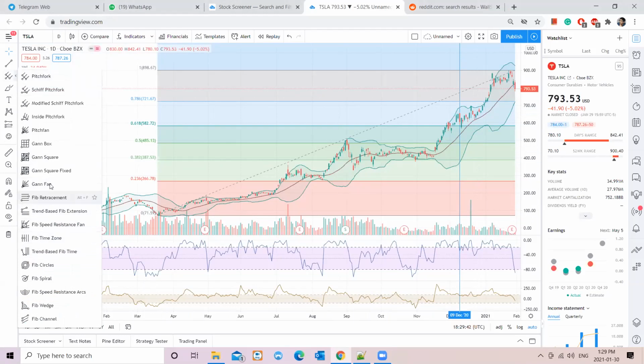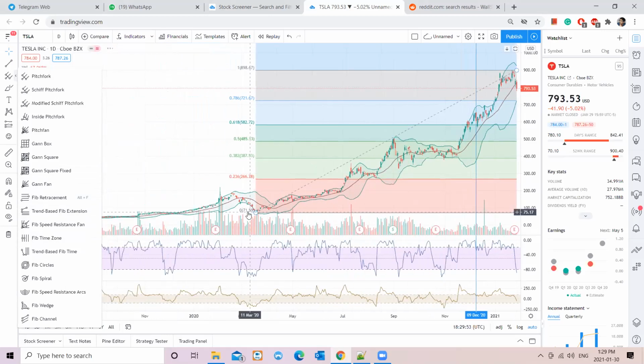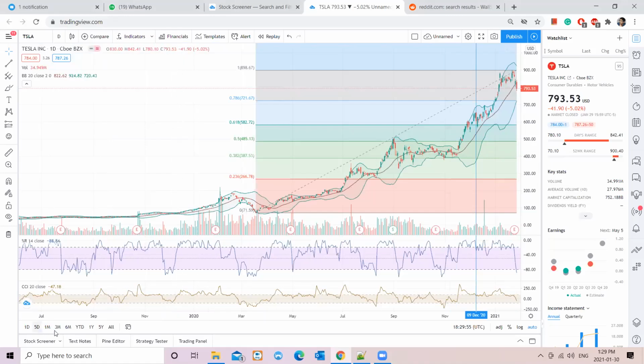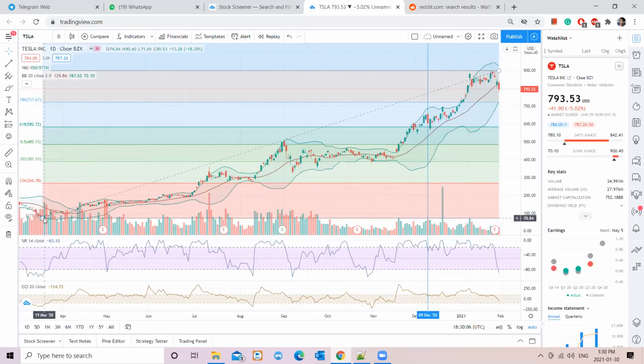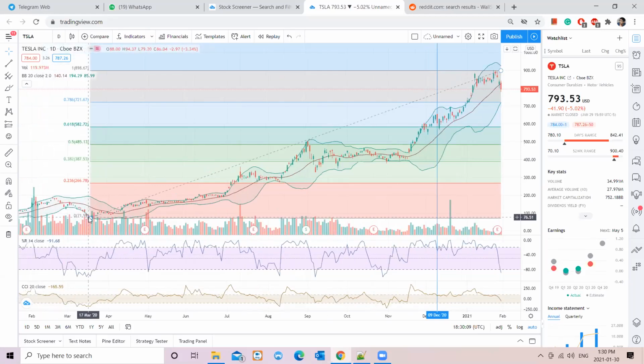You can find this Fib Retracement, and how you use it is, on the chart at whatever duration you are looking, this one, let's say, is 1 year, take the candle which is at the lowest price, and from there drag it to the one which is at the highest price, and this gives the retracement at various levels.